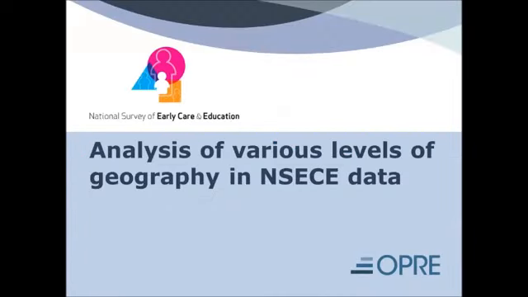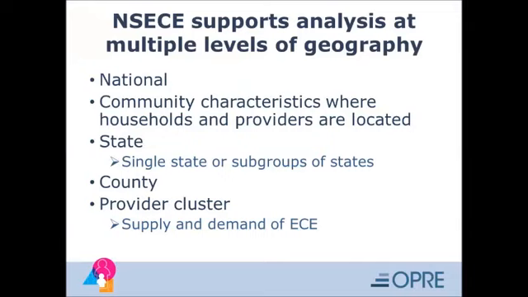So how do we put this all together? NSECE data can be analyzed at a variety of different levels. We can have national analyses. As I described earlier on, we have community characteristics that allow you to aggregate across the country based on some kind of community characteristic.